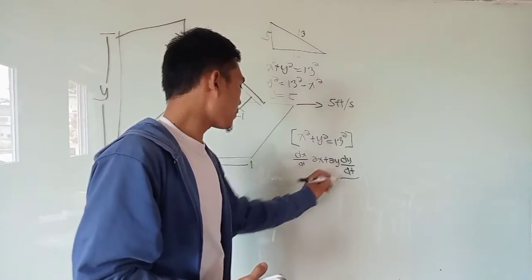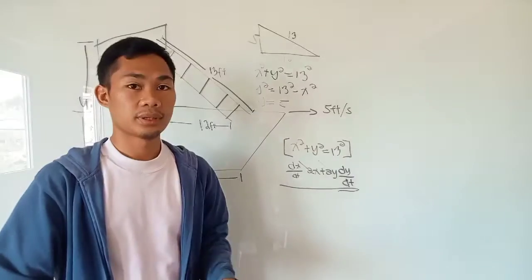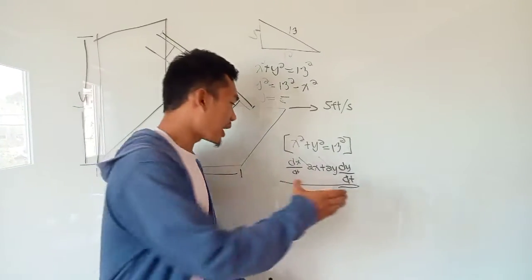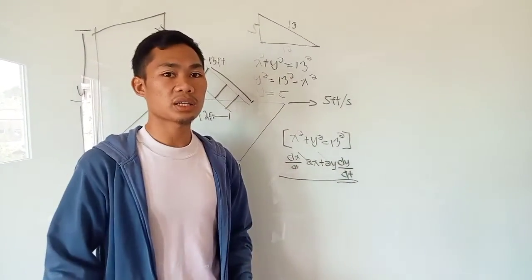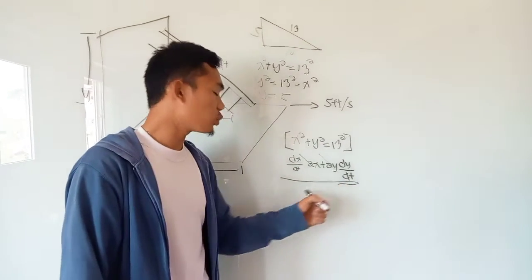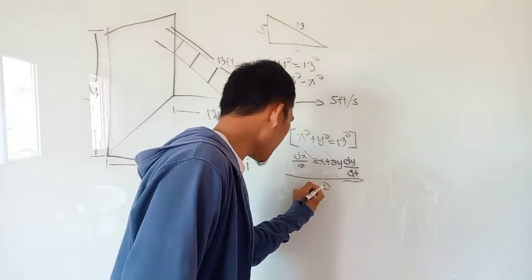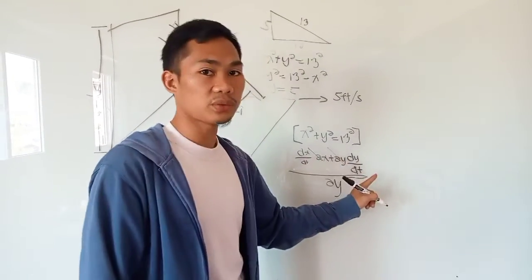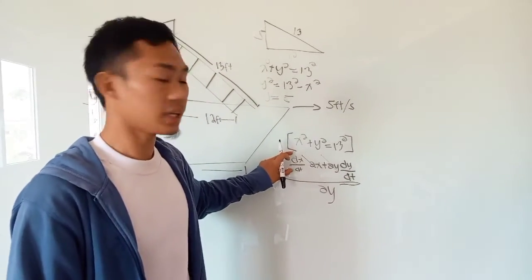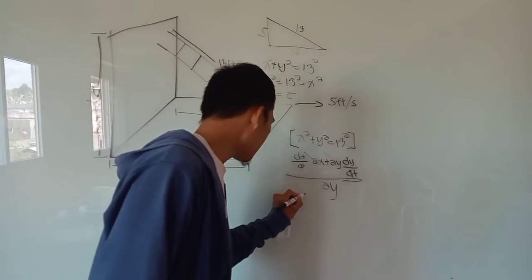So we can apply the previous topic that we learned in our differential equation. We have to divide by 2y, for us to get the value of dy over dt, because we already have the value of dx over dt.